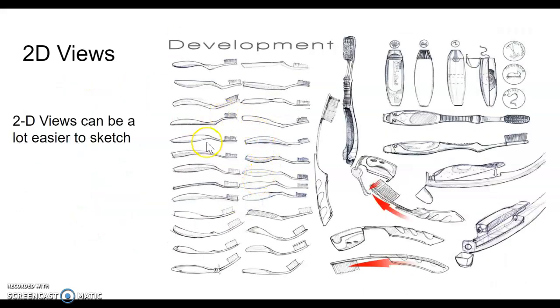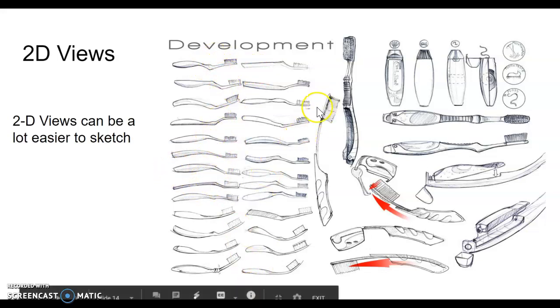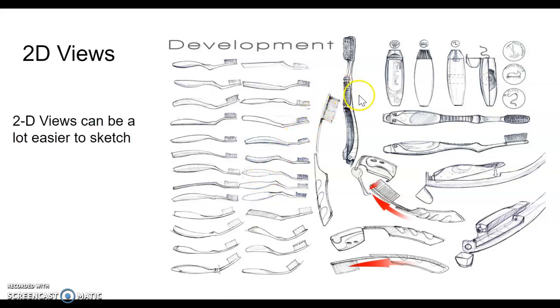2D views. This is very good to develop the shape of something so you can come up with a whole range of different shapes. Also, if you're struggling to draw this, it can be quite good for people that are finding it difficult to draw. So 2D drawings, and then you can see here the contour lines are brought into it again, if you wanted to make it a bit 3D.